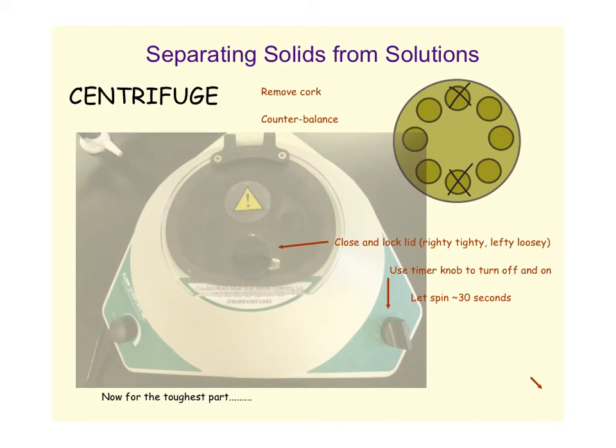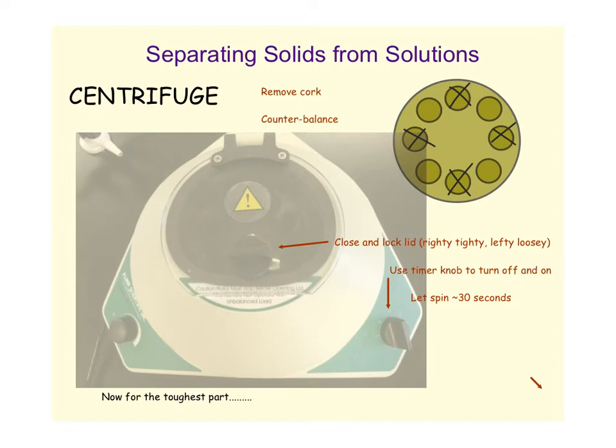So if you had 2 test tubes, they'd look like this, 4 test tubes like this, so on and so forth. If nobody else needs a centrifuge, you need to create a counterbalance. So take a clean test tube, fill it up with liquid to the same volume that your test tube has, and put it opposite. You're going to close the lid, you have to lock the lid, and then you just turn the centrifuge on, and when you're done, turn the centrifuge off, and it'll ding, just like an oven.